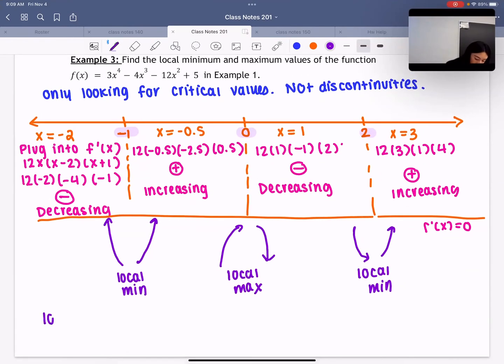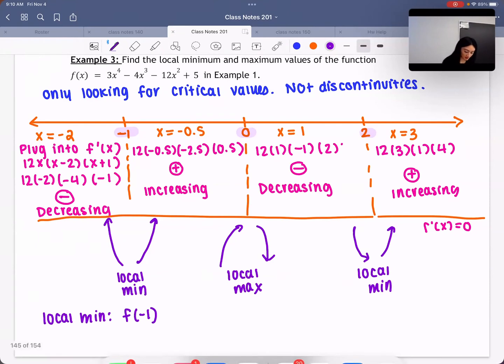The way that I write my local min, okay, I could say f of -1, that would work, okay? I could also plug -1 into my derivative or my original function. Which one am I plugging into? The original function, right? My function value at -1 is my local min.